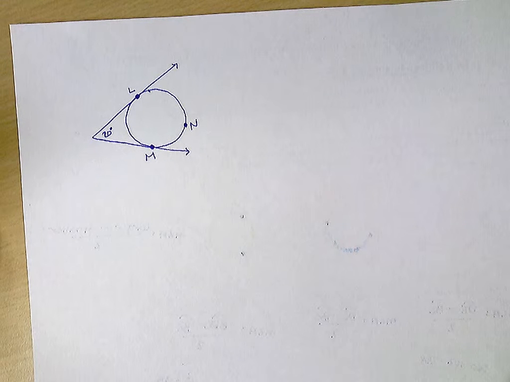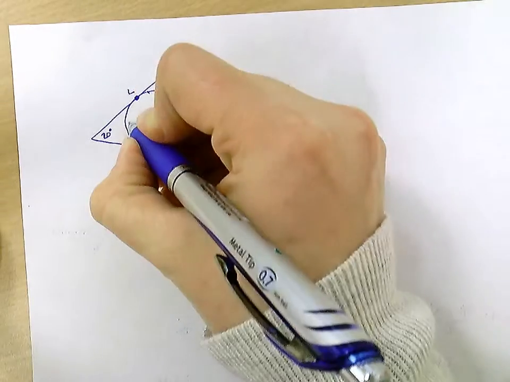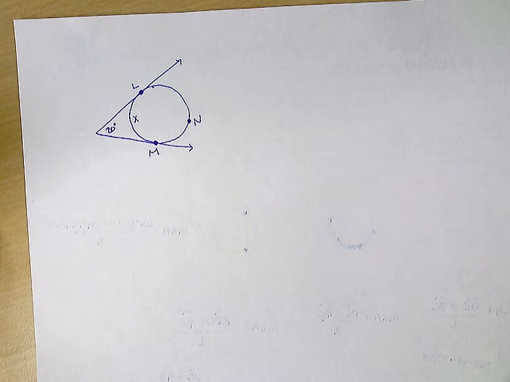Okay, what I would do is label LM, that's this arc right here, label that with an X. Now if one part of my circle is labeled as X, how can I label that other arc? What if I told you arc LN was 10? How would I find the other arc? You would take 360 and you'd subtract that, right?